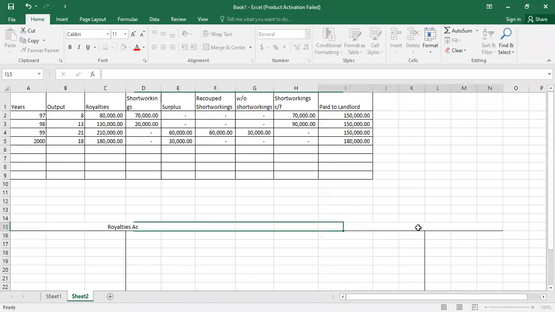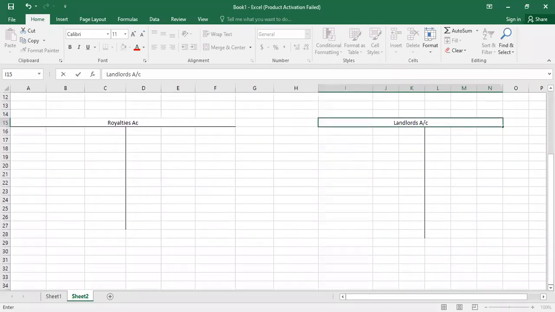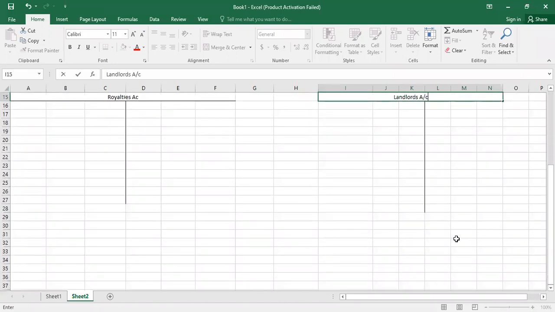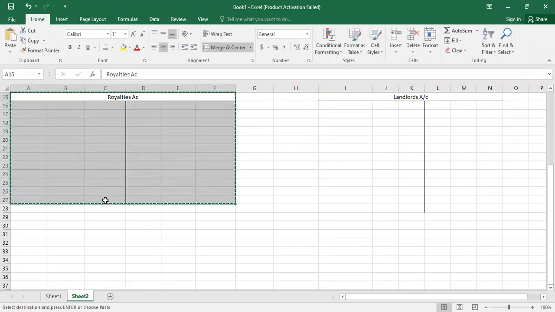We have the landlord's account. The other account that we need to have is the shortcomings, because you have the shortcomings. If I go to the shortcomings, just copy paste this. Paste special.